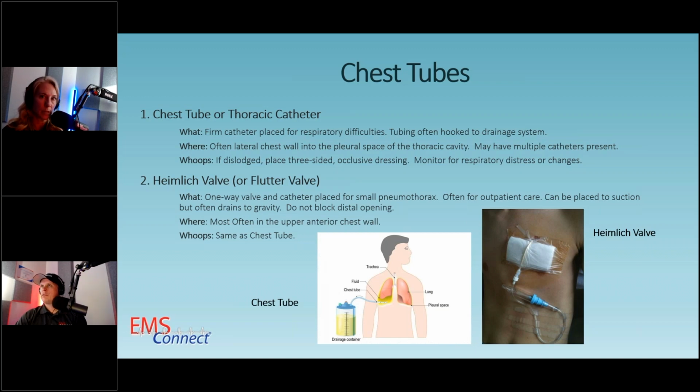With a quick assessment of the flutter valve, you might realize that it's a one-way valve. So air can come out, but it cannot come back in. But you need air to keep coming out.